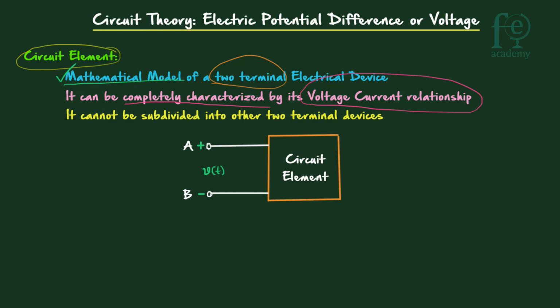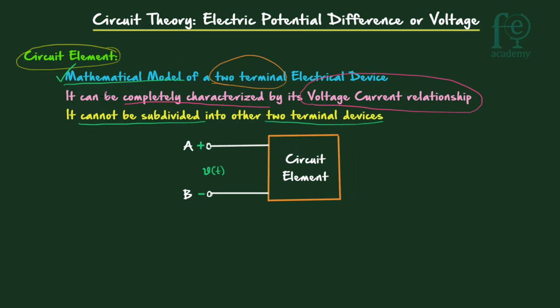Using mathematical equations with current and voltage, we can completely explain its behavior, and it cannot be subdivided into other two-terminal devices. So it is the last element. It cannot be subdivided. So that is a circuit element.